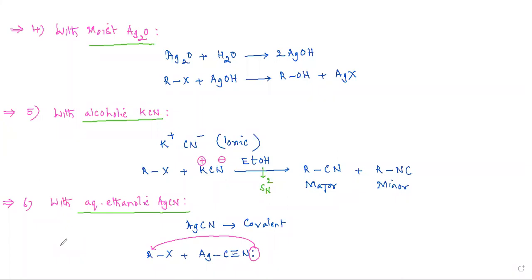Okay. So here the attack is through nitrogen atom. Earlier the attack was through carbon atom in case of potassium cyanide. Okay. Now, in this case, we get isocyanides as major.